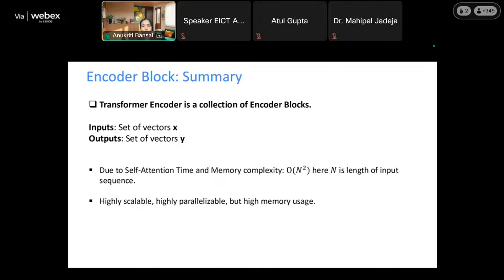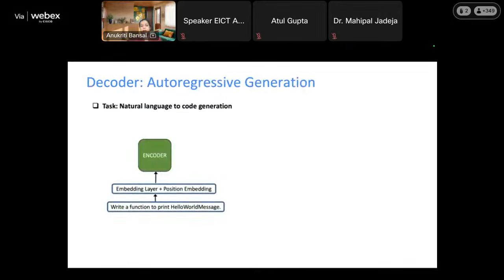So let's talk about the decoder part. The decoder also makes use of the encoder. Whatever output is generated by the encoder is also used by the decoder. And what is the output of the encoder? It will be some representation.